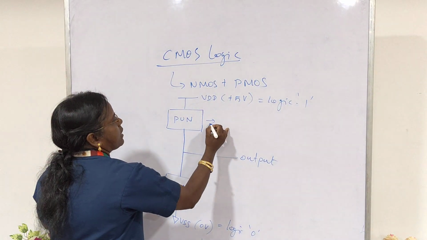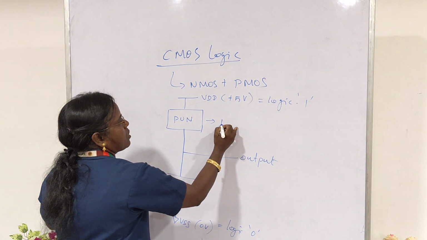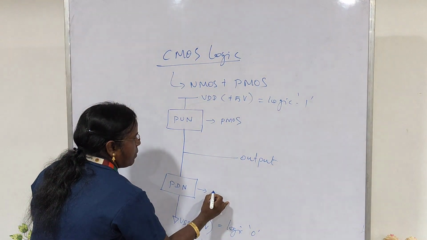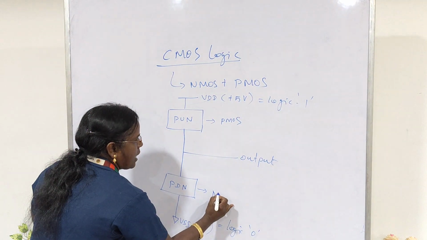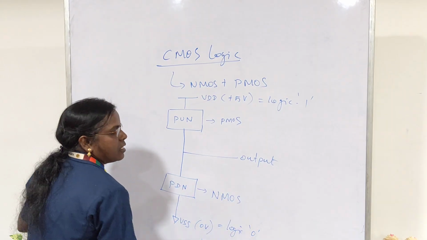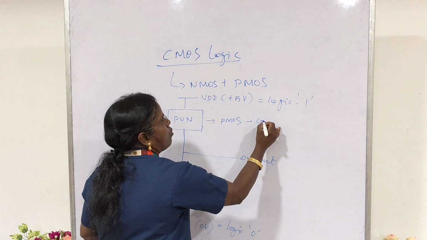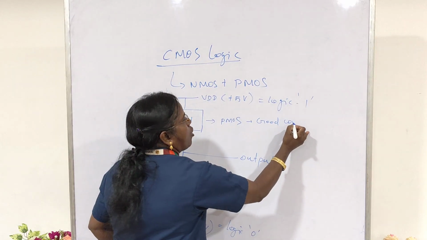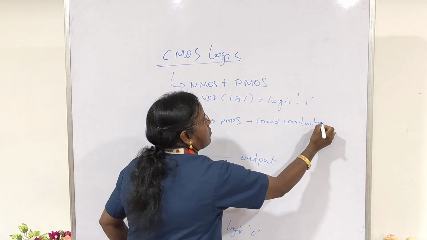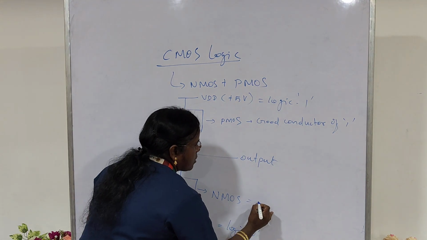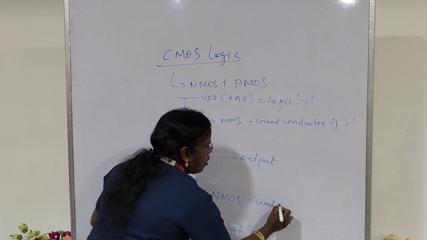This pull up network can be implemented by using PMOS transistors, and a pull down network can be implemented by using NMOS transistors. What is the reason for that? Always the PMOS is a good conductor of logic 1, and the NMOS is a good conductor of logic 0.